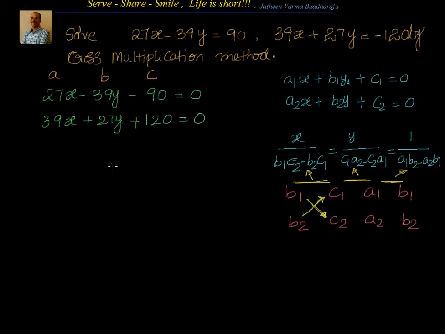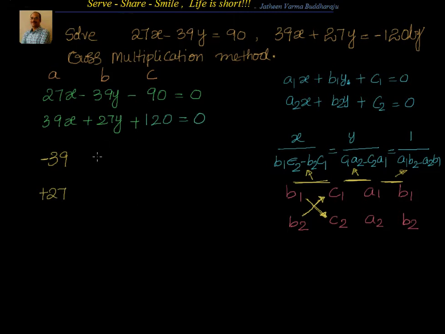First, let us say we want to find the x value. You should not take the column containing x, so you take the other two. I'll write it first for B: minus 39, plus 27.